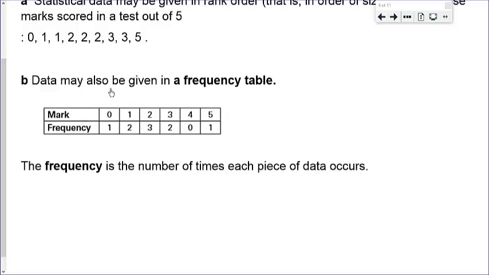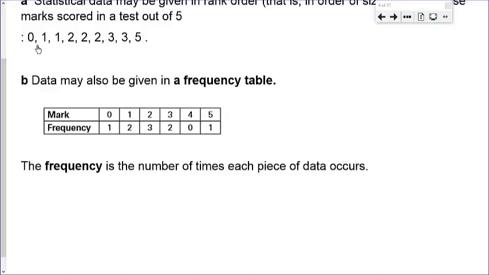Now this data may also be given in a frequency table. So the marks are these from 0 to 5. Then these are the frequency, the number of times the marks occur, or the number of people who scored the corresponding marks.